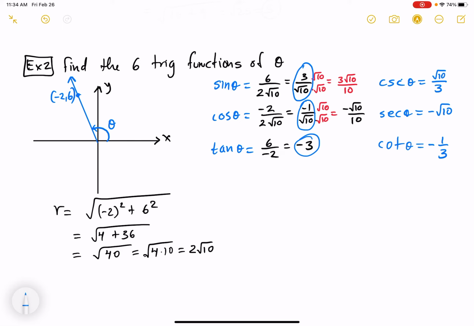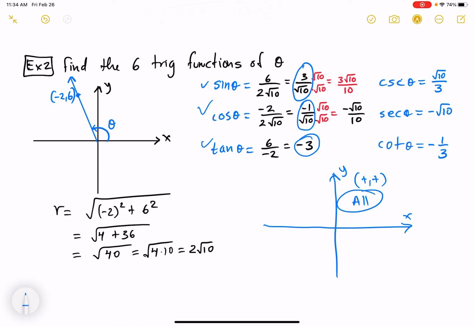You might want to note that in this second quadrant, only the sine is positive. Eventually, based on the signs, we're going to notice that since x and y are both positive here, all three ratios are going to be positive.